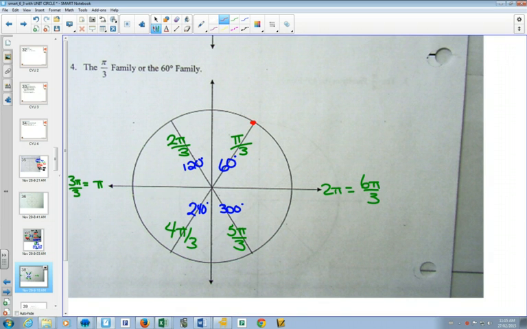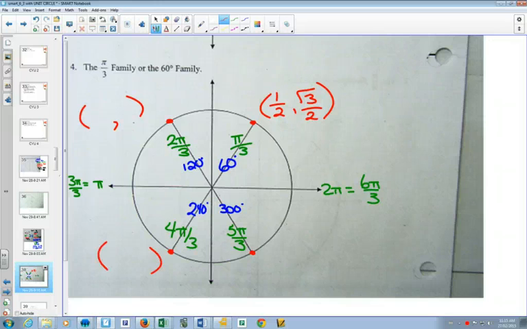Our coordinates, looking at our special triangle: cos of 60 is 1/2, and sine of 60 is root 3 over 2. Same thing happens in the other quadrants. The values are going to be the same. You just have to figure out, oh, here the x-coordinate is negative, the y-coordinate is still positive.